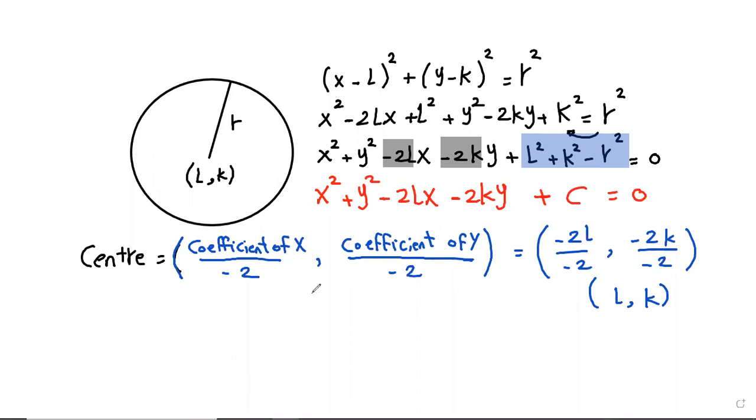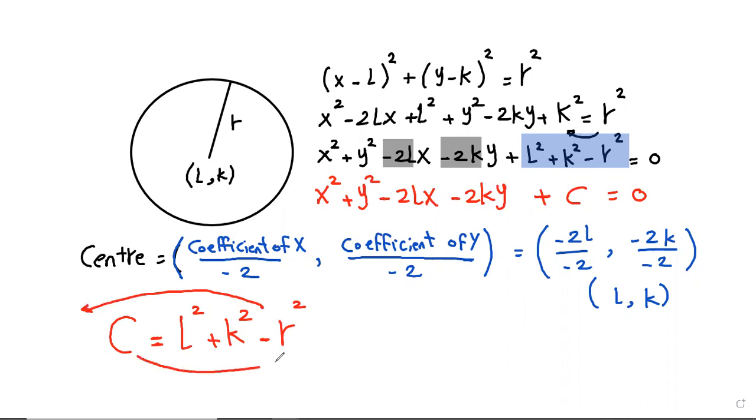So what is c now? C, this absolute term, equals what? L to the power of 2 plus k to the power of 2 minus r to the power of 2. Okay, I want to make r the subject. So we can move negative r to the power of 2 to this side and move c to the other side.